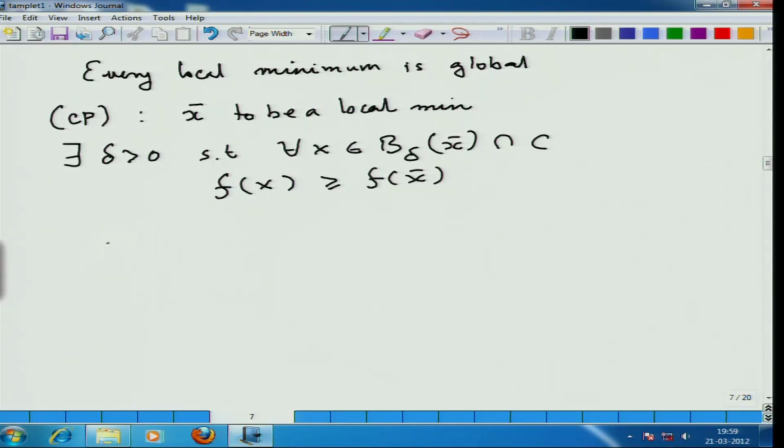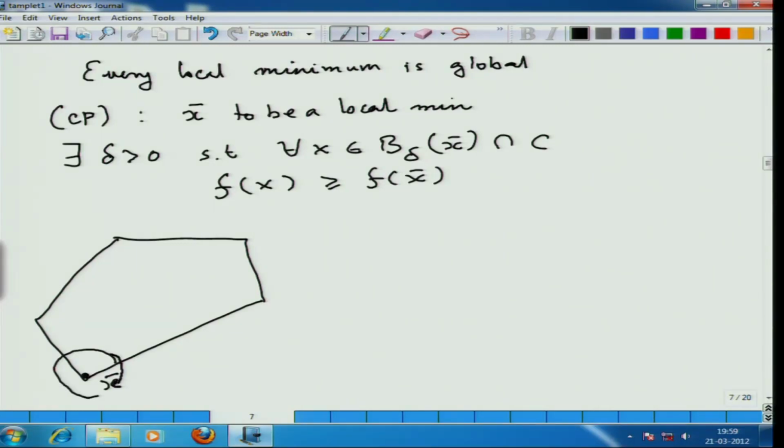Now, this is my convex set, and let x bar be my local minimum. By definition there must be a delta, a very bad drawing, and for any point in this intersection with the set C, f(x) is bigger than f(x bar). This is the definition of a local minimum.